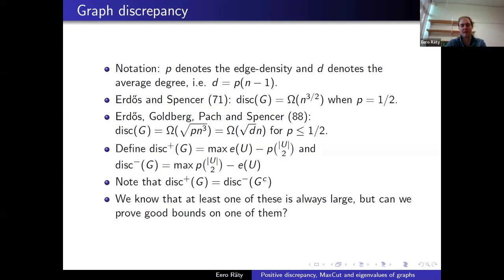As we see, sparse graphs behave in a slightly different way, and I find it more natural to talk about sparse graphs rather than graphs which have density 1 minus little o of 1. So that's why it's convenient to make that assumption.